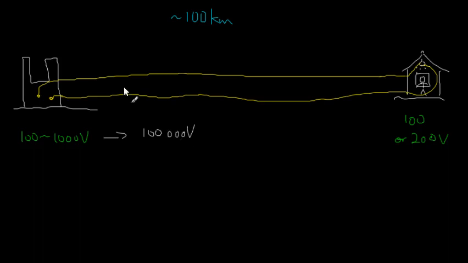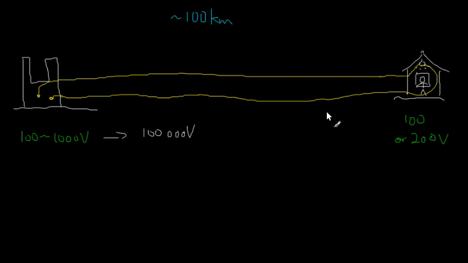Okay, a transformer is used to transform this voltage to 100,000 volts, and then it is carried using the electric cable all the way to a much smaller station, somewhere close to our house, maybe a few kilometers away.